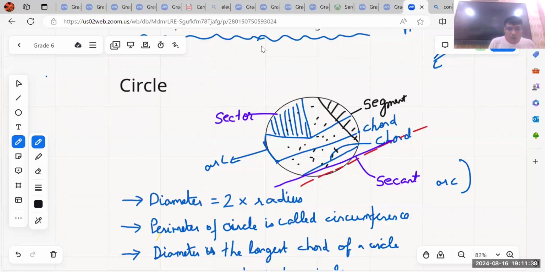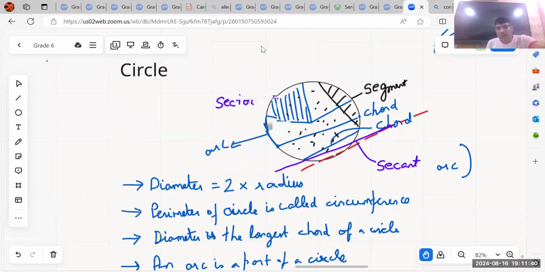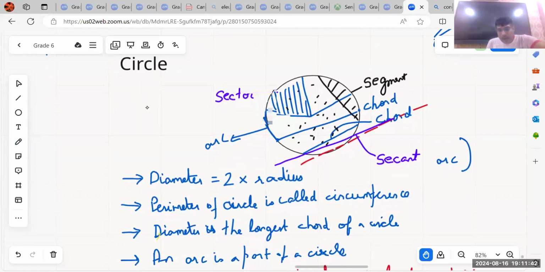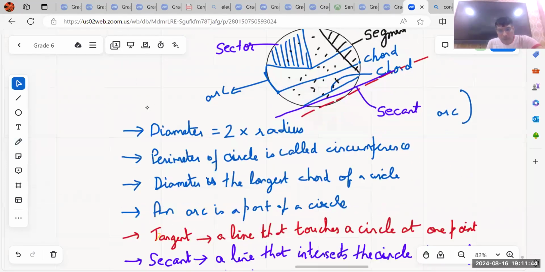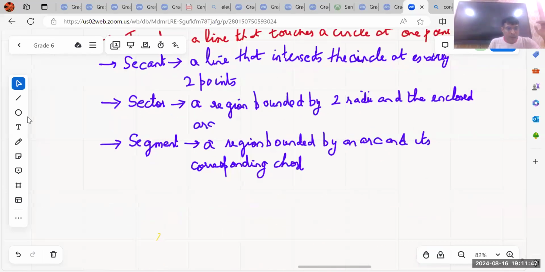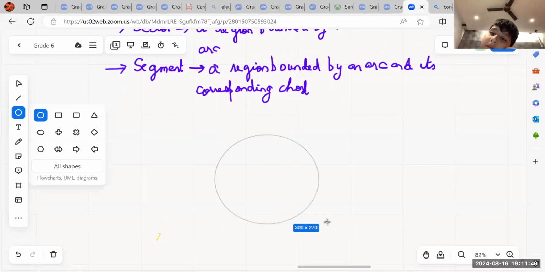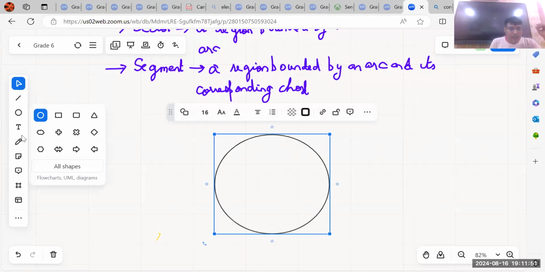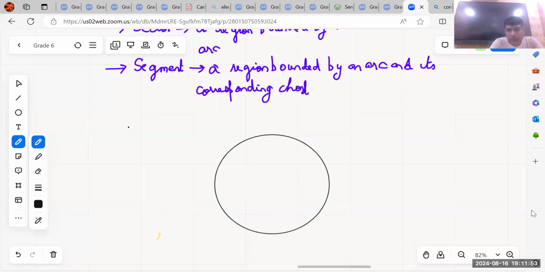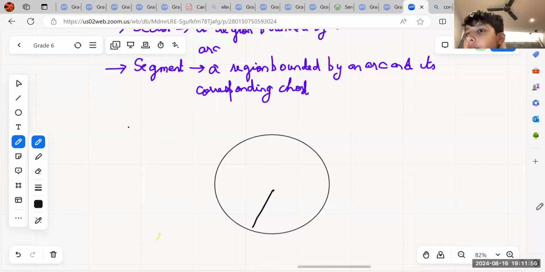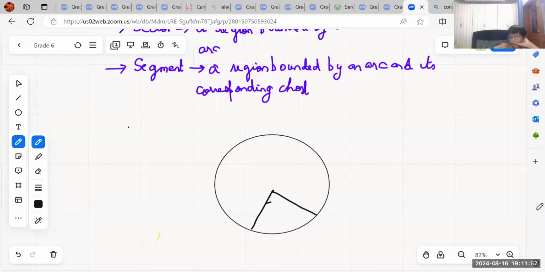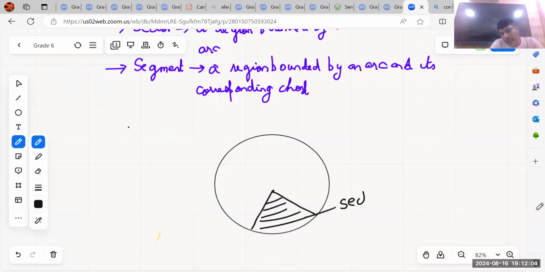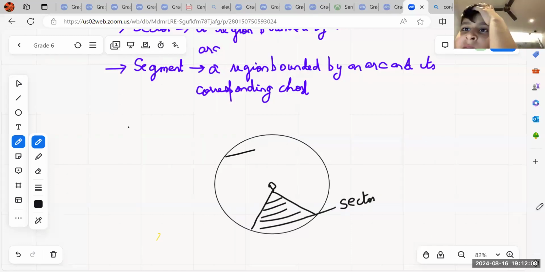So we will now do a quick revision of circle. Let me draw another circle. First of all, a pizza piece, what is it called? A pizza piece is called a sector. This is the center. Now what is this line called?